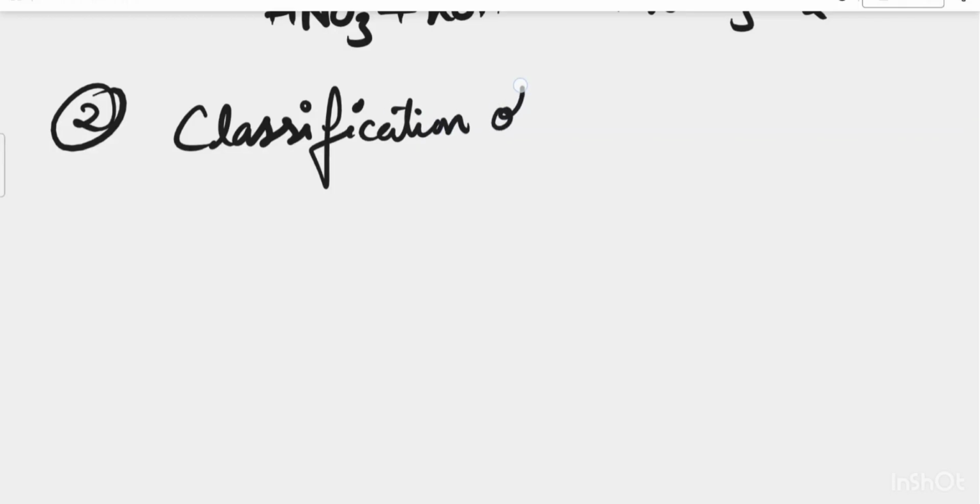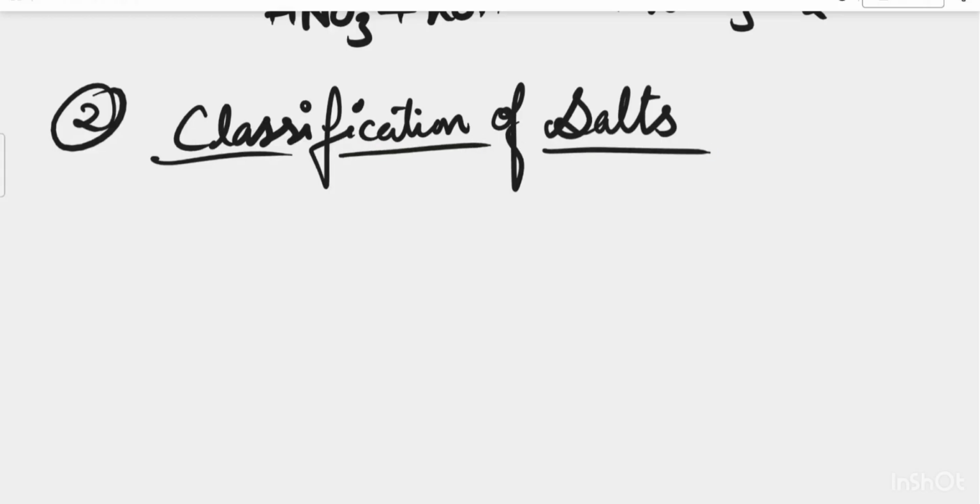Now classification of salts. First is normal salt.